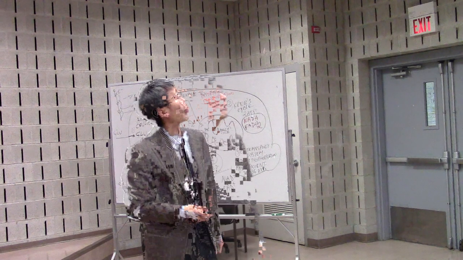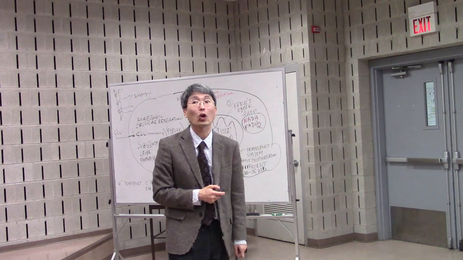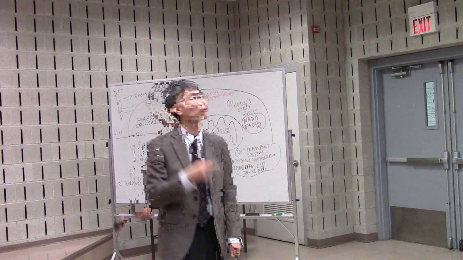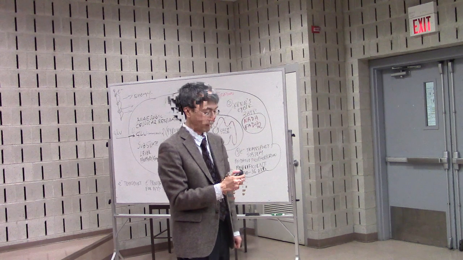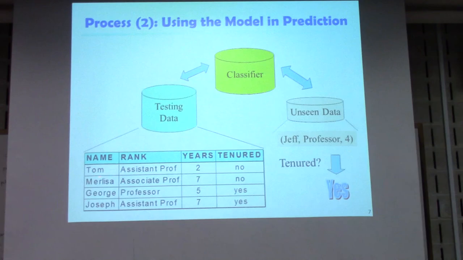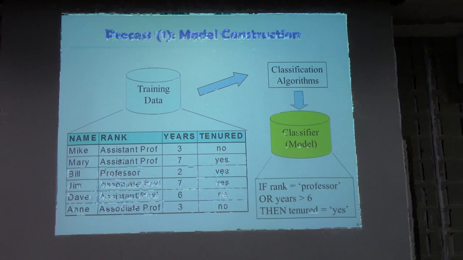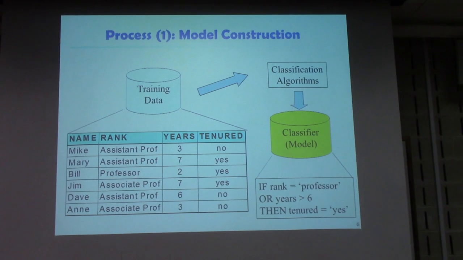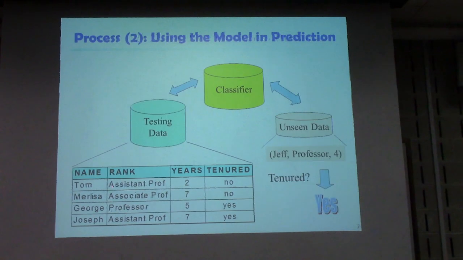Okay, then once we have such a model or classifier or rule, we can use this classifier to test the data. This is different from the training data set. This is a test data set.